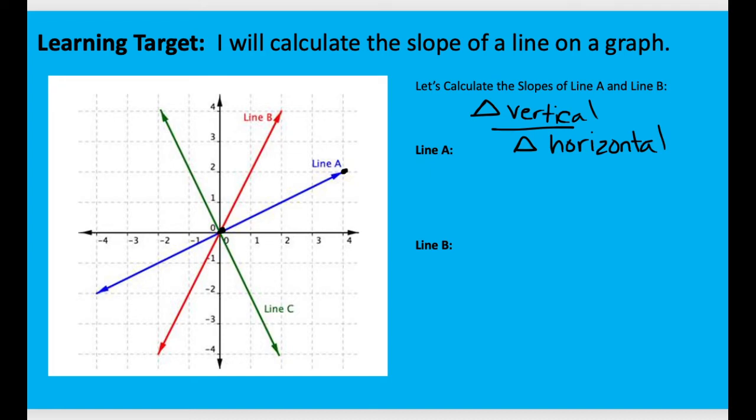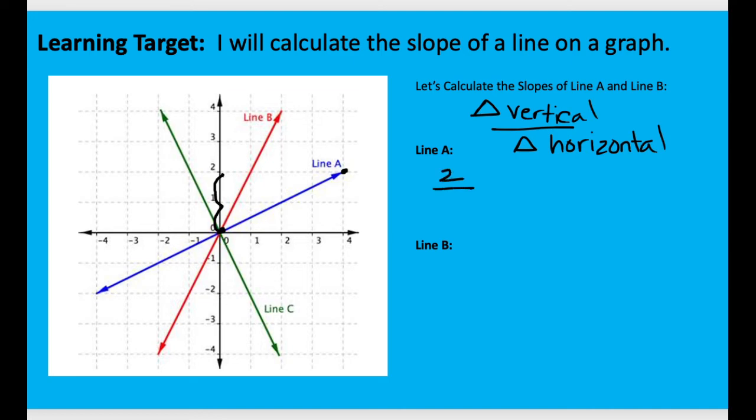If I want to calculate the slope of line A using this point and the origin, I'm going to count how far up I need to go to become even with that other point. If I go from here to here, I just went up 2 units. So the numerator of my slope is a positive 2.